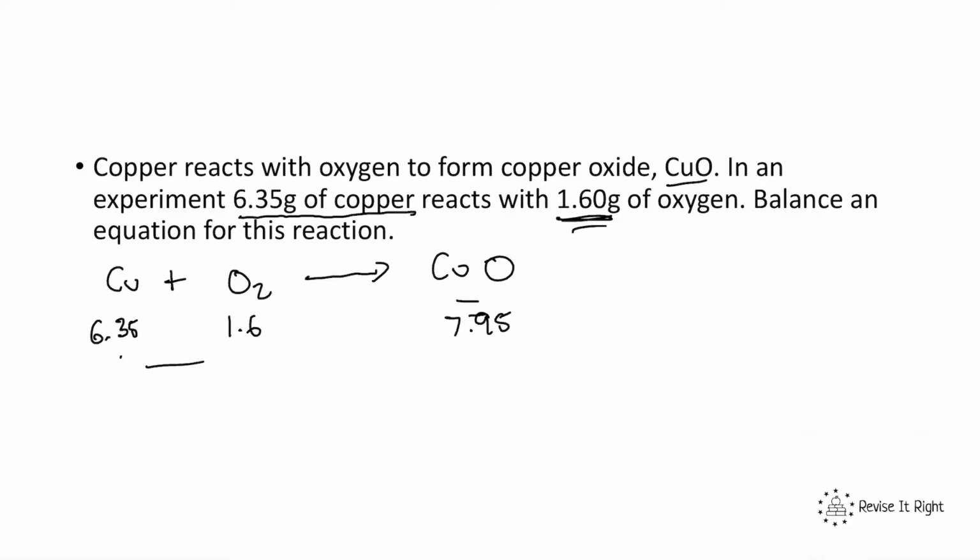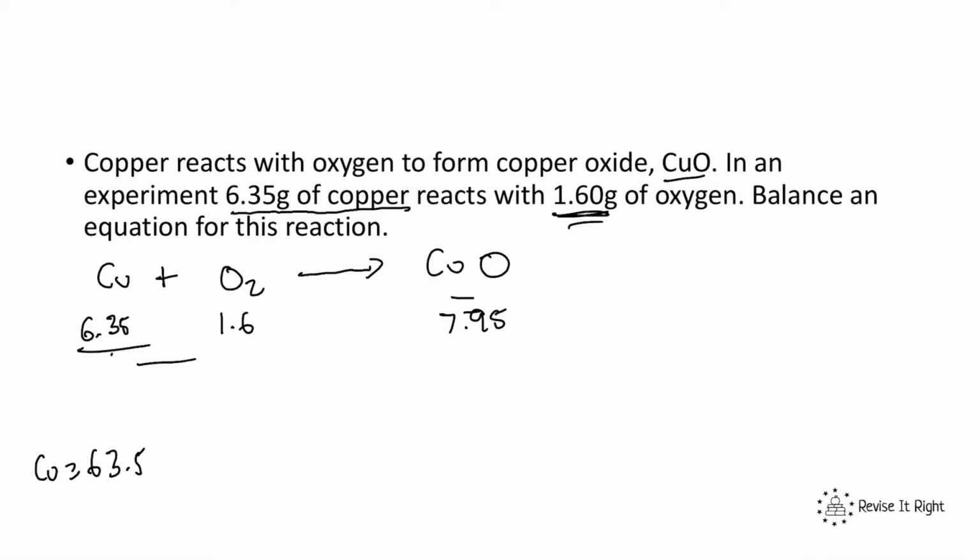Now we've got that, we can find out the MRs of each of our compounds. So here we've got copper, so underneath here we're going to write copper, and if we look on our periodic table, then the mass of copper is 63.5. Now it's only copper, we don't have to work out anything else, so the total mass is going to be 63.5. And O2, remember 1 O is 16, O2 is 32.